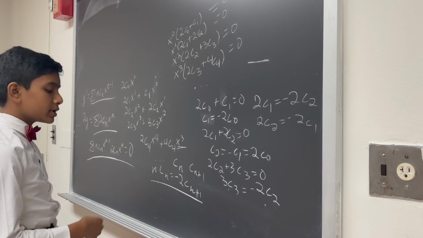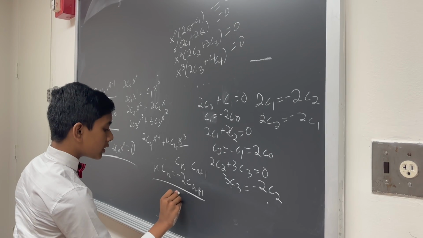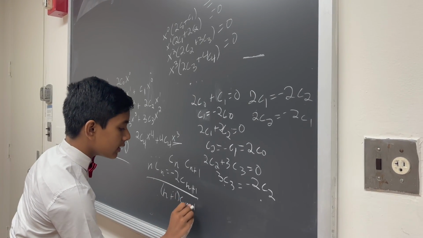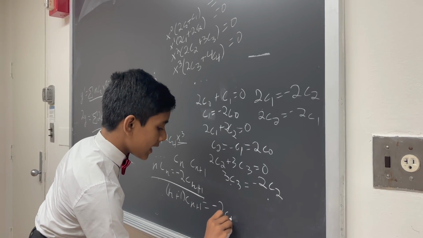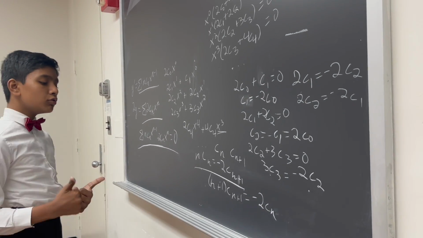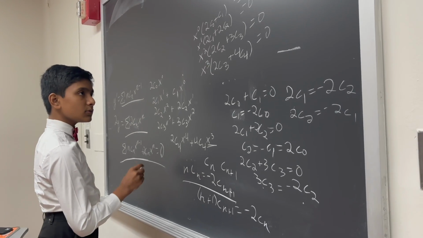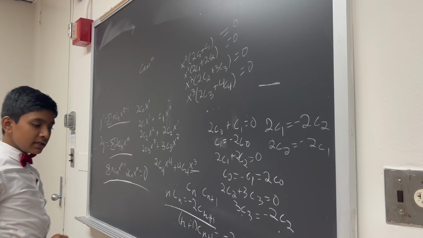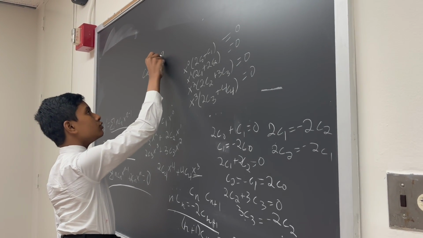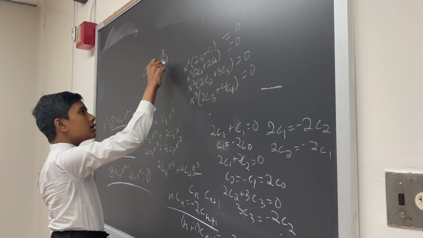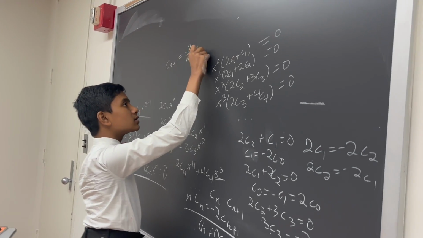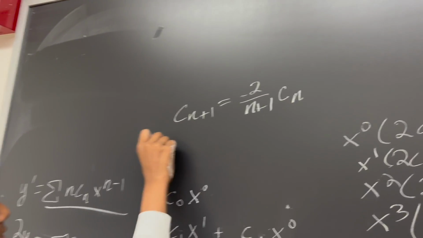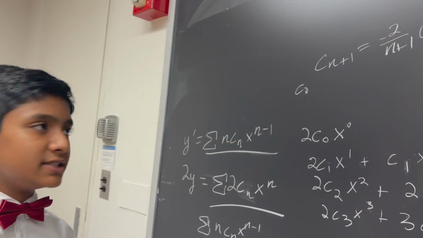Or if we want to go forward and not backwards, we want to use n plus 1, Cn plus 1 is equal to minus 2 Cn. Alright, cool. So now we have that Cn plus 1 is equal to minus 2 over n plus 1 times Cn. So what does that mean? Well, in essence, it means we start off with some value C0.